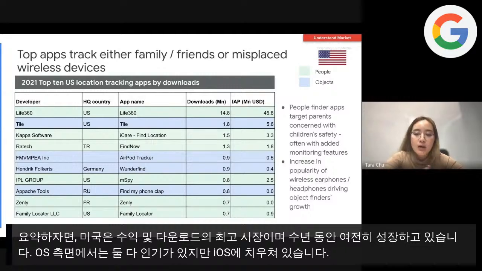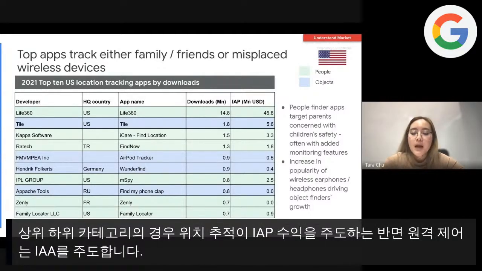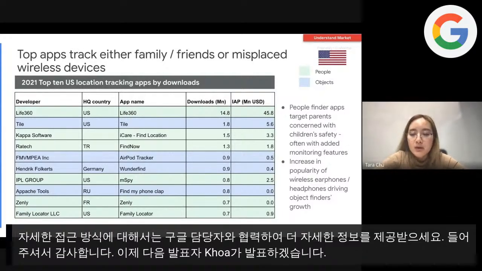Downloads grow with top apps skewed toward location tracking, which is leading in revenue, while IAP is led by remote control, and ad funded is also led by remote control. So how can we have those strategies and a more detailed approach? We are happy to work together with your Google Account Manager and our team to provide you further details. Thanks for this.